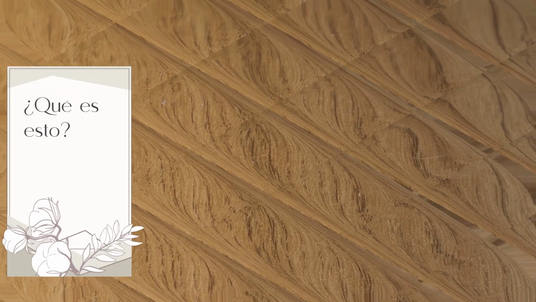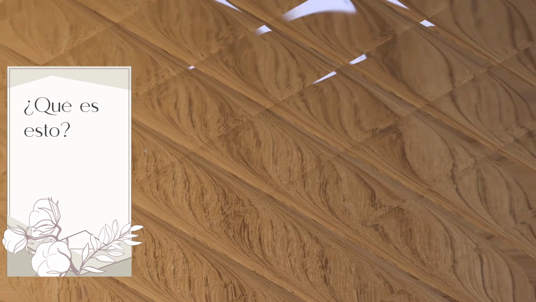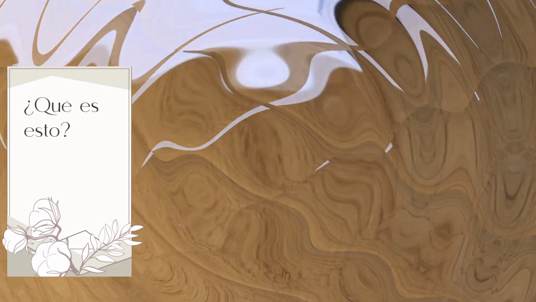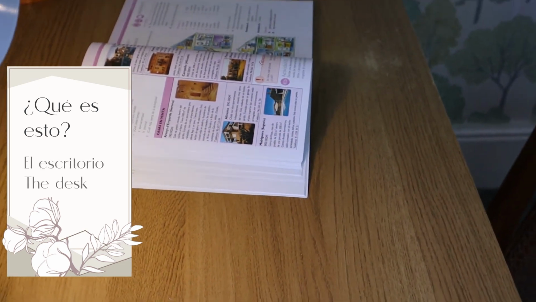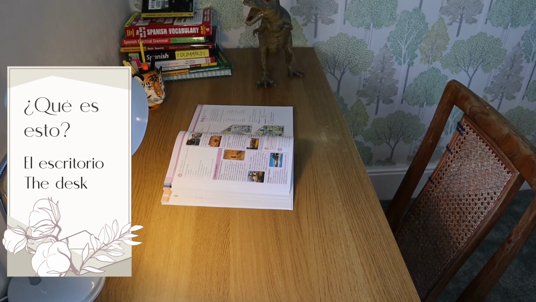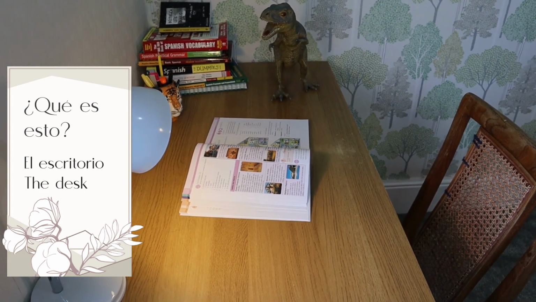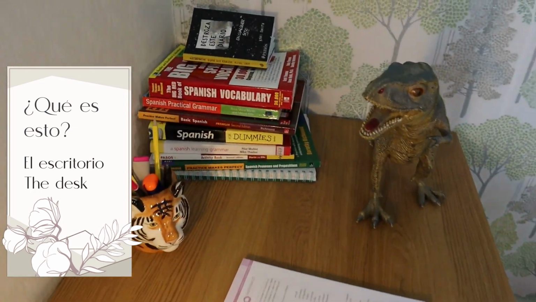Ahora, ¿qué es esto? Let's have a look. Veamos. Esto es my desk, mi escritorio. And what a lovely word that is, because we've got escribir, haven't we? Which we do with our pens.